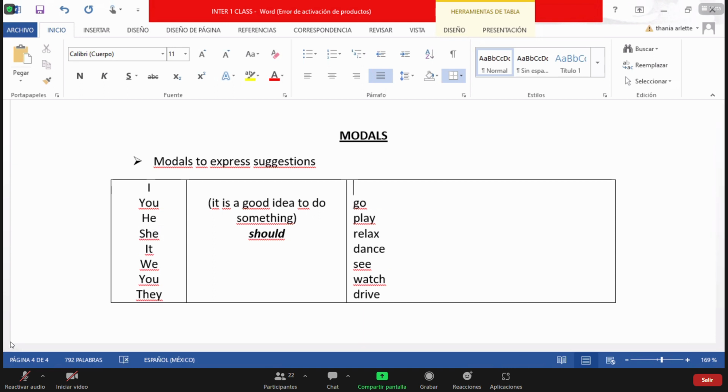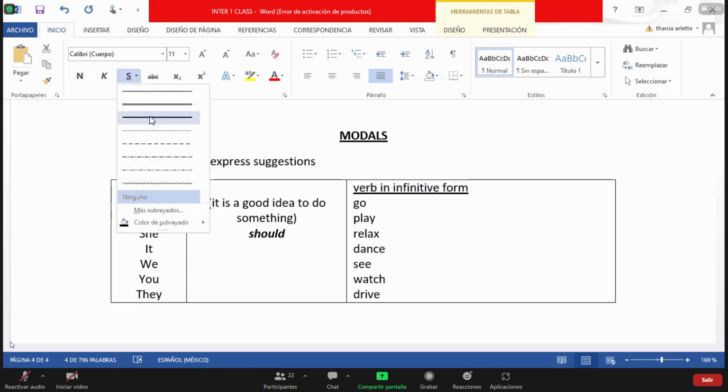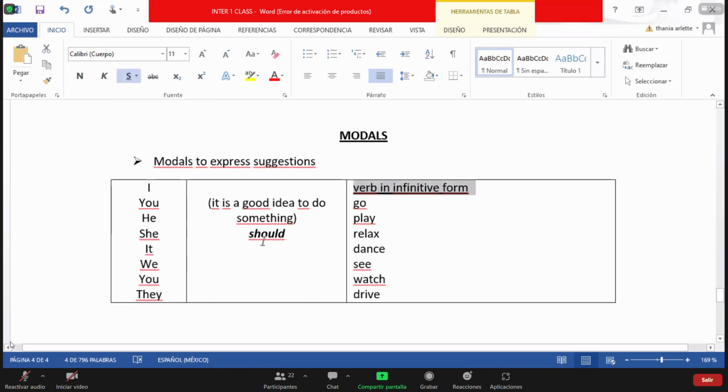Okay, so I have to use a verb in infinitive form. That is what I need to complete this structure, the verb in infinitive form. My structure is like this. The subject, the modal, and the verb in infinitive form without any conjugation.